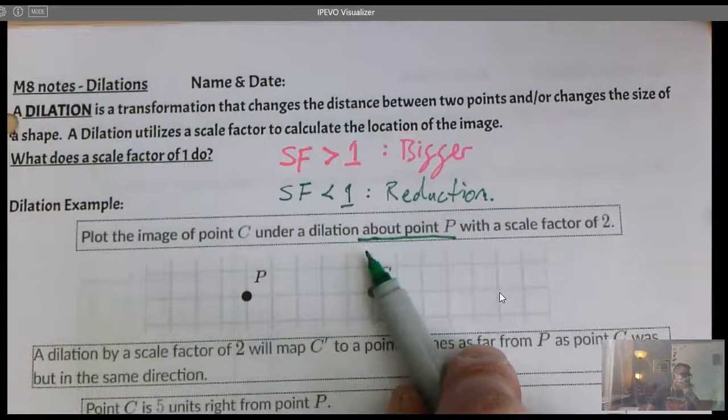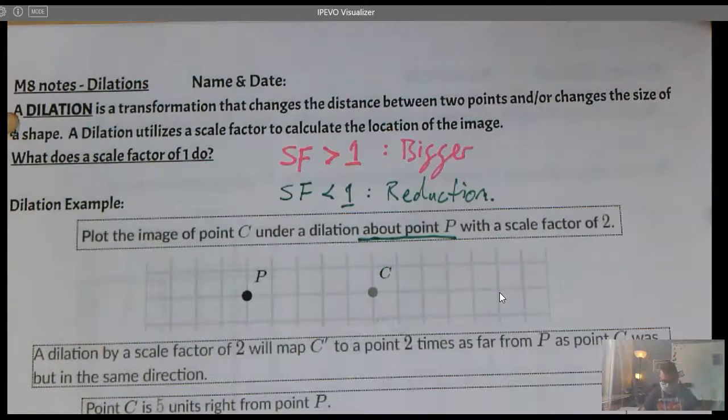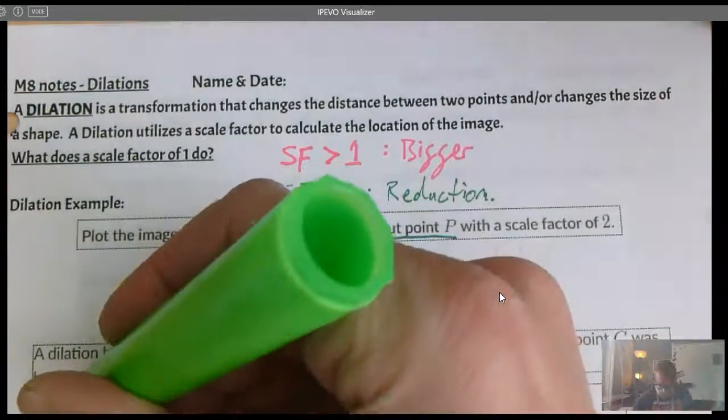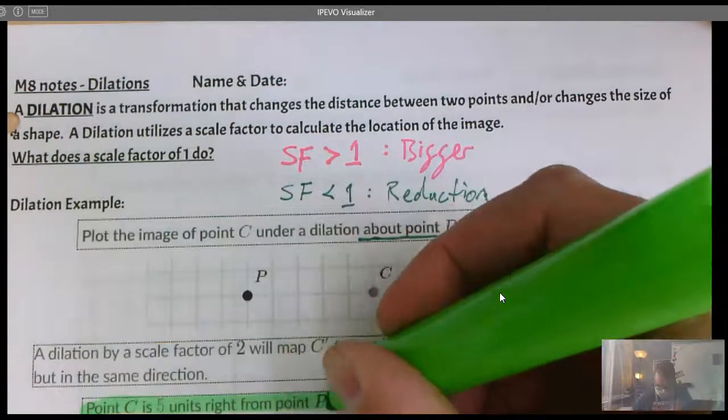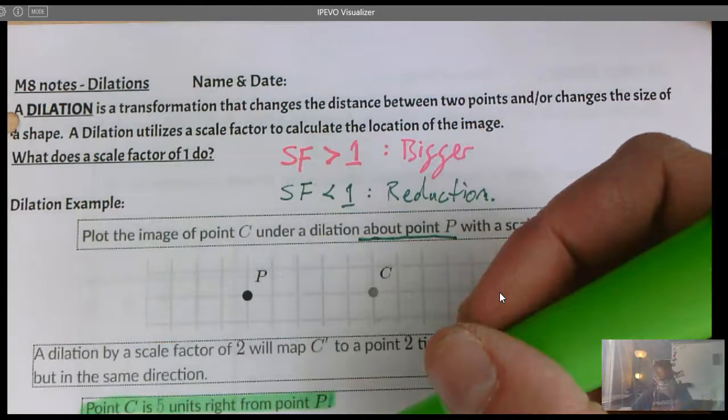Adam? Yeah. That would be plural. Plural.